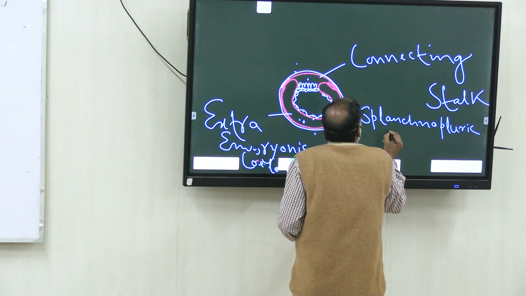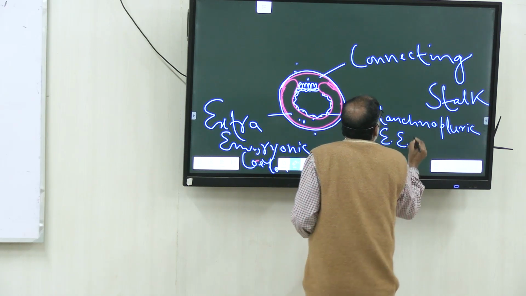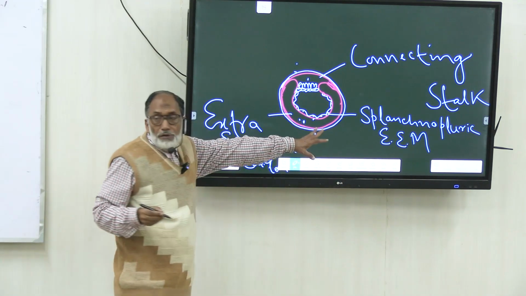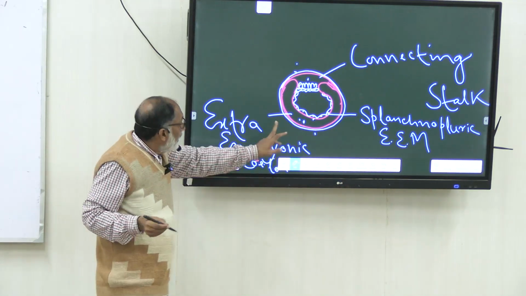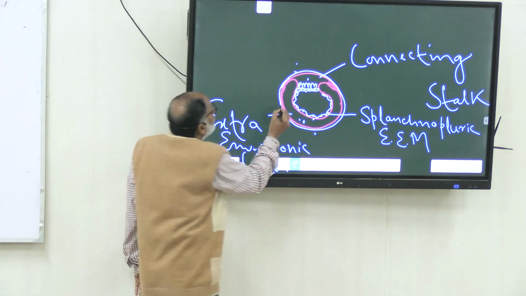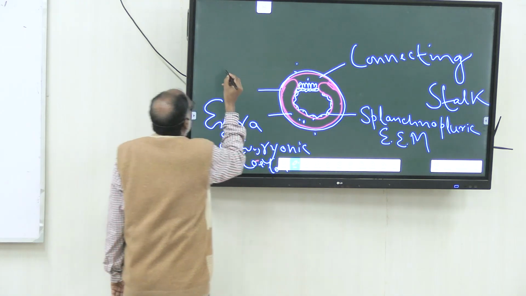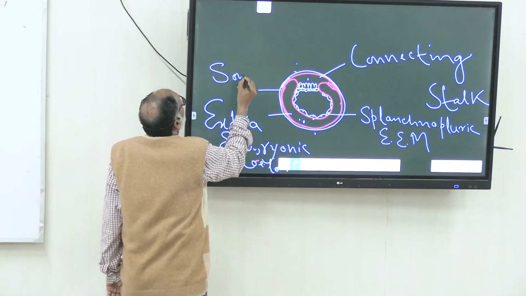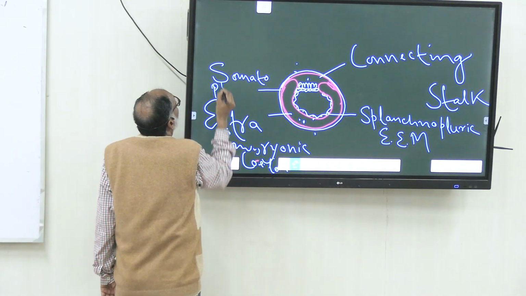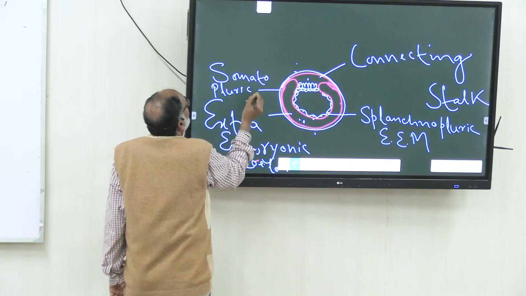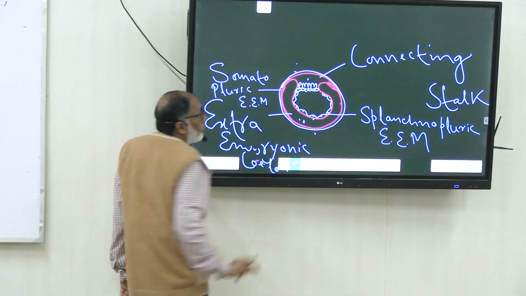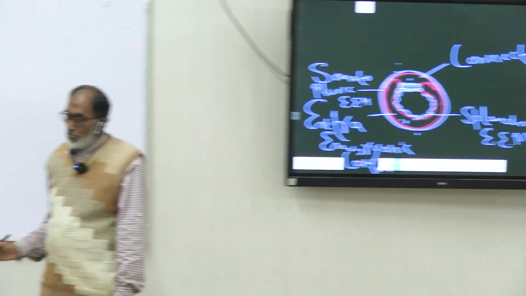Splanchnopleuric extraembryonic mesoderm, or visceral extraembryonic mesoderm, and that which is lining the trophoblast is known as somatopleuric extraembryonic mesoderm or parietal mesoderm.